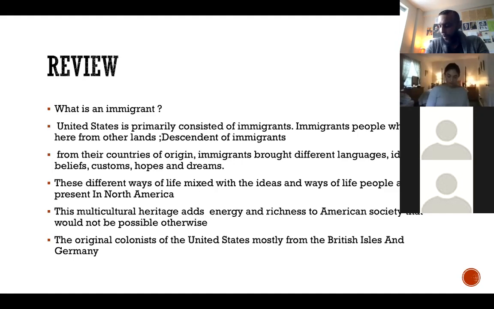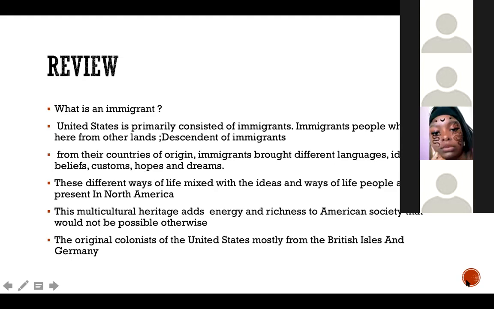At one point, this country was called a melting pot. Why would you think that the United States would be called a melting pot? What's the inference? A melting pot of what?